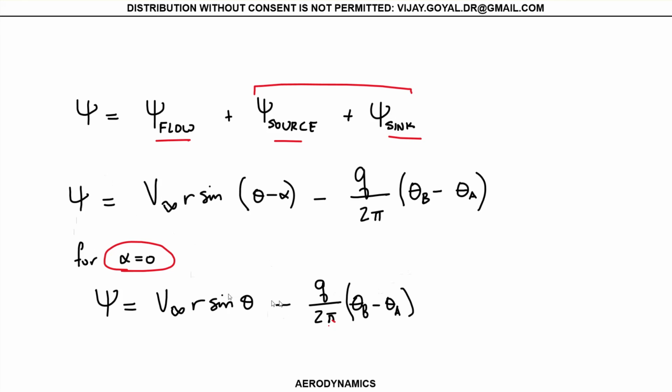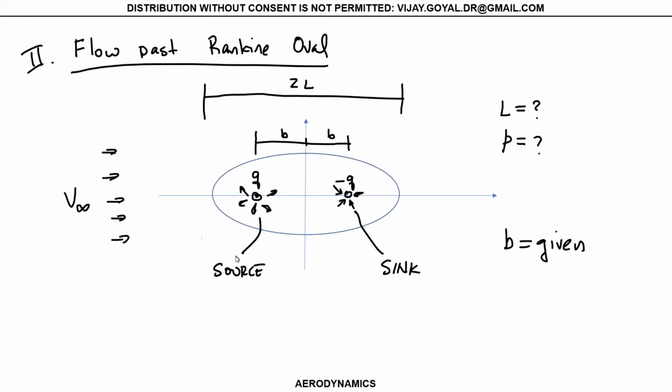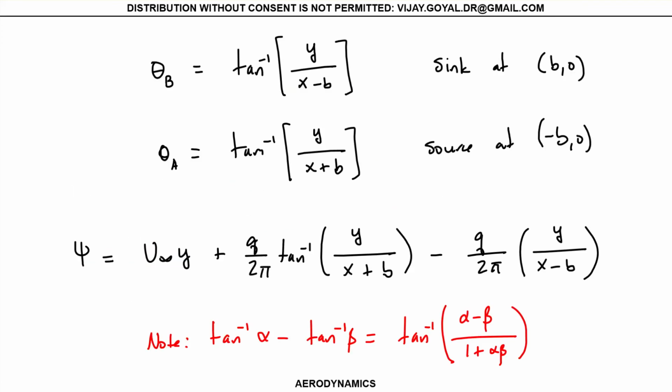Remember, this sign is because the source is ahead of the sink. Otherwise, it will be plus. Okay, so just keep in mind that your angle theta B can be written as follows. Angle using geometry, you can show this.